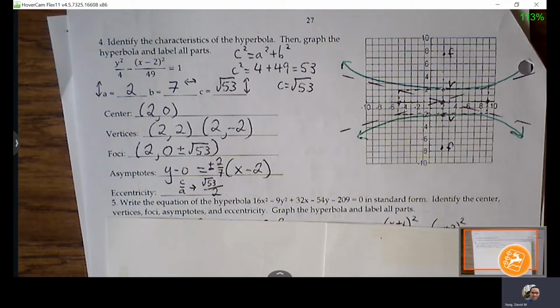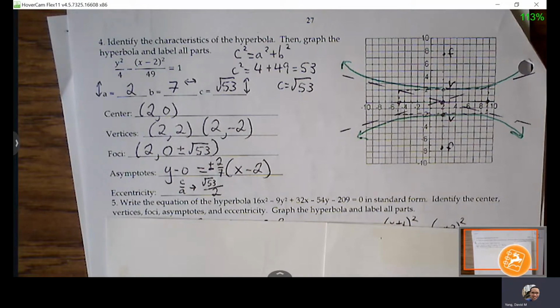So transverse is the axis that connects the vertices together. The conjugate is the axis that connects the co-vertices together. So think of the transverse axis as your main axis. It's not necessarily longer, but it is the more important one.